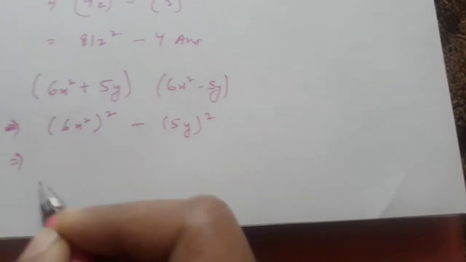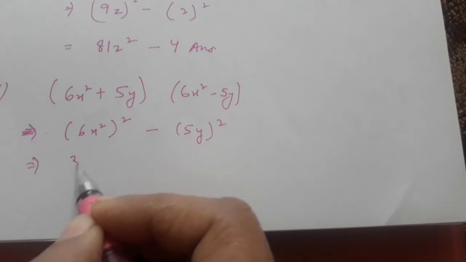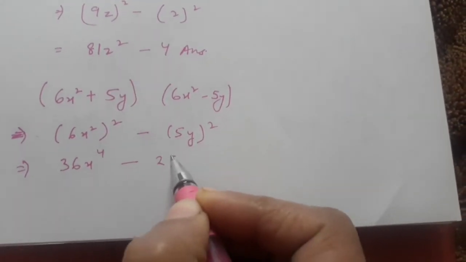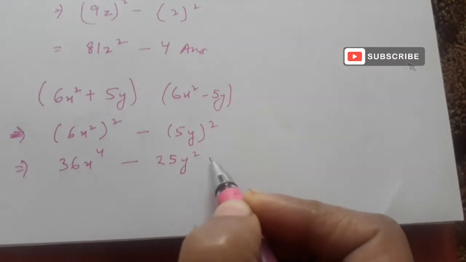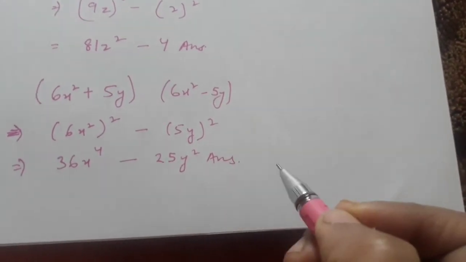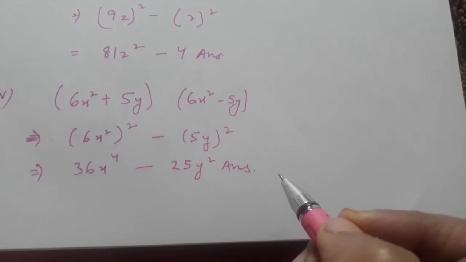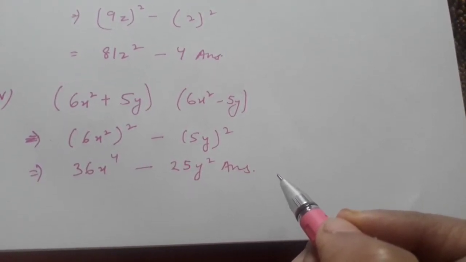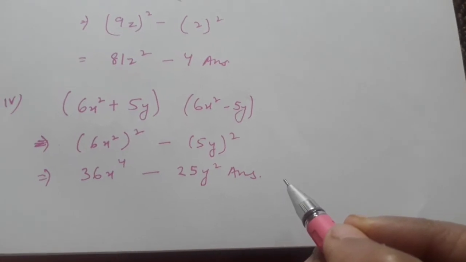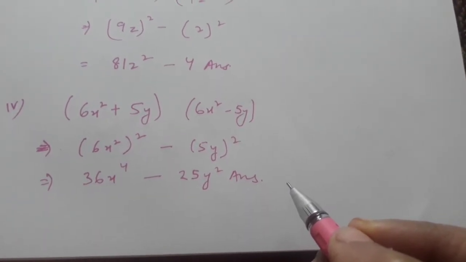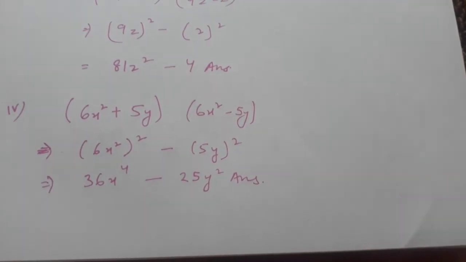So it would become 36x raised to the power 4 minus 25y square. That would be our answer of fourth part of question number 4, exercise 6.2, chapter algebraic expressions, publication house Goel Brothers Prakashan, class 8.